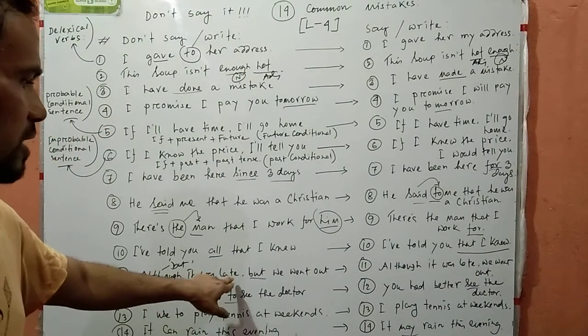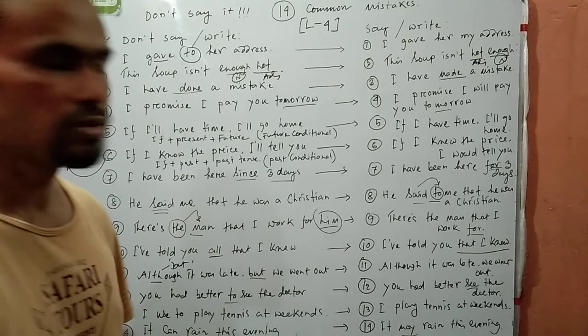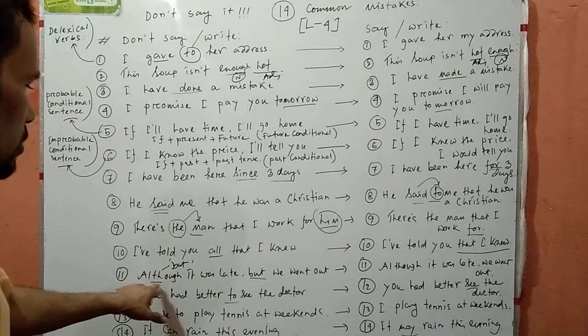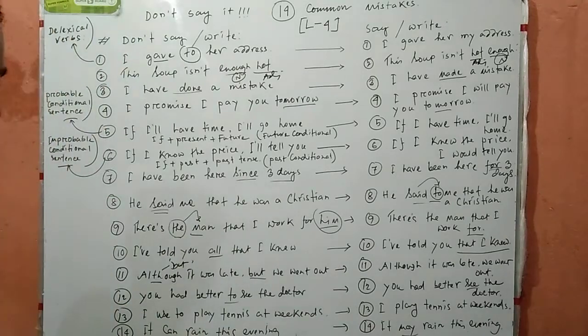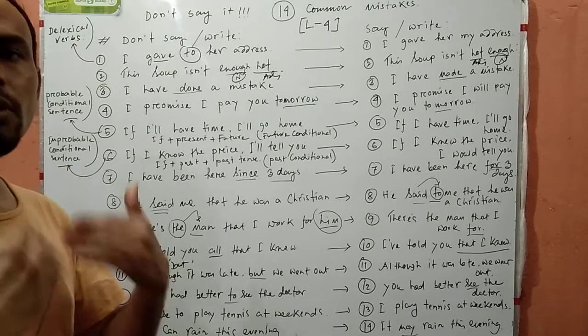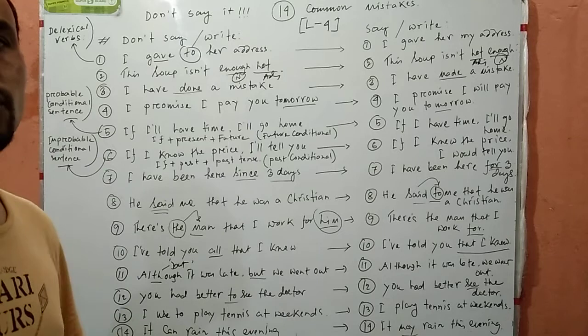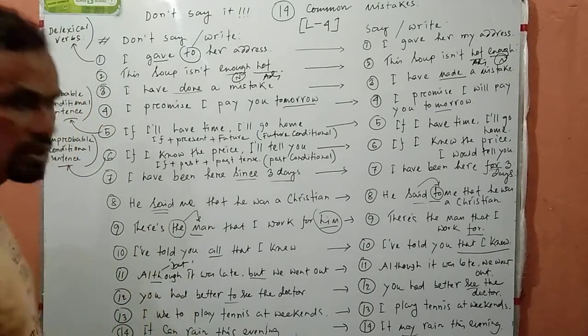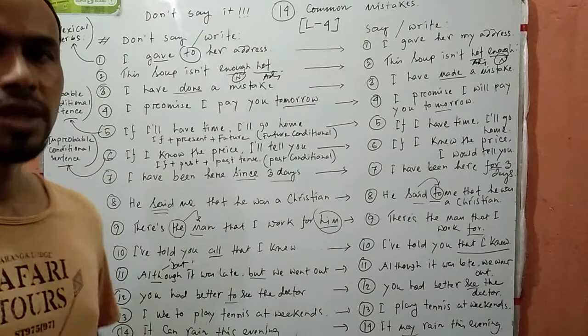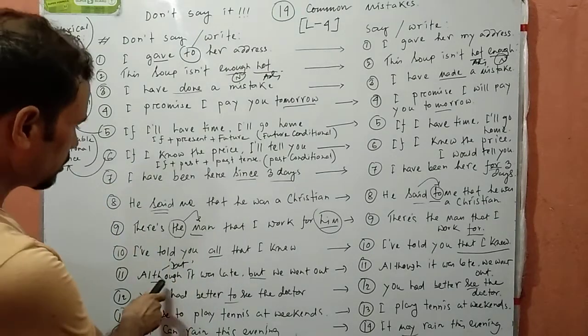So next sentence. Although it was late, but we went out. Although means what? Although means but. Here you see, I write here so that you can understand properly. Although means but.